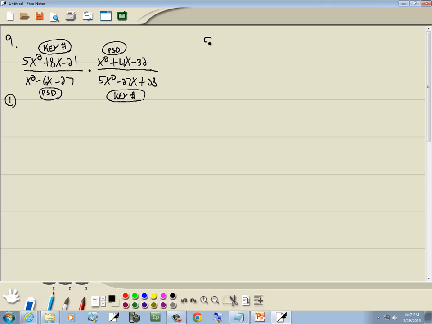Okay, let's look at the first one here. 5x squared plus 8x minus 21. The key number, we take the number at the beginning times the number at the end. So we take 5 times 21, ignore signs, and that gives us 105. And we'll come up to our 3 columns.